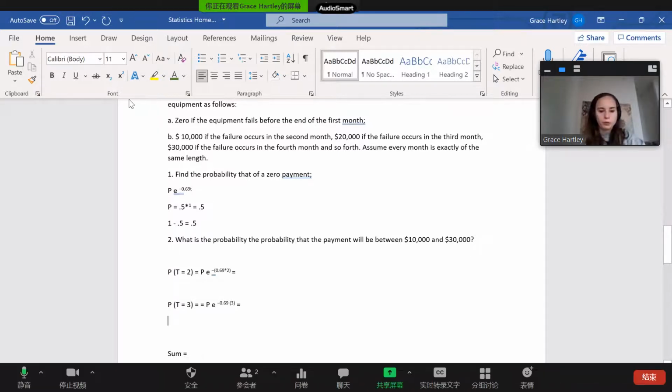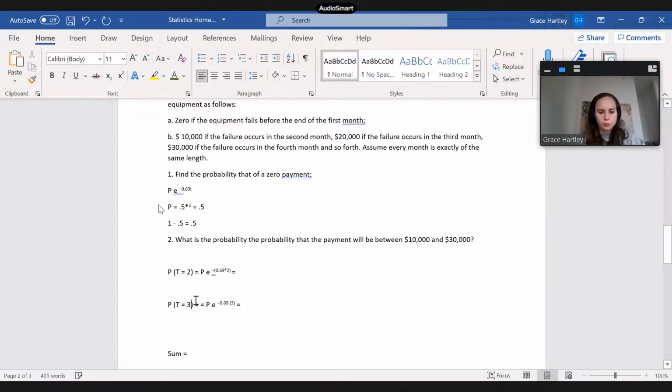I wouldn't say P of T equals 2 or T equals 3. I would say the second one, I would write as P of 2 and 3. I just want to write it as the formula, right? I'm going to use a comma between 2 comma 3.